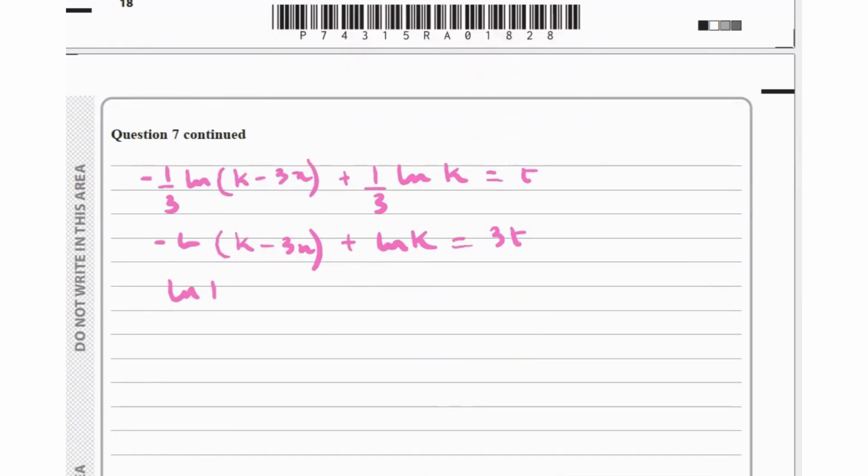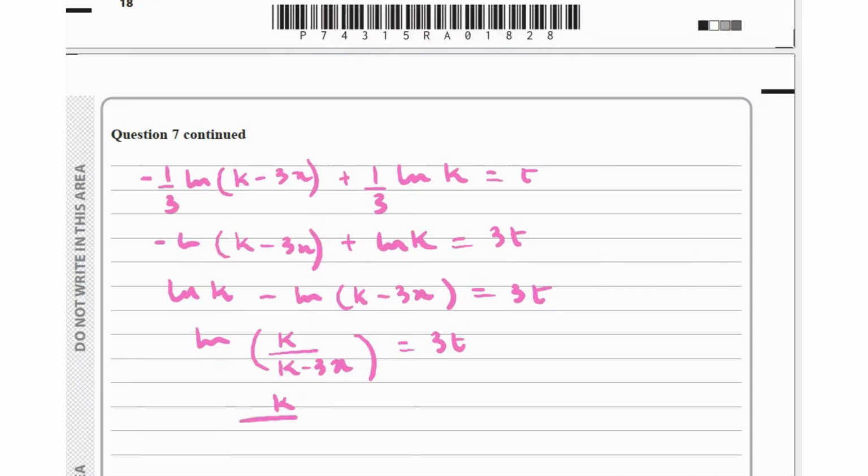If we rewrite this as ln k minus ln of k minus 3x equals 3t, we can write it as ln of k over k minus 3x equals 3t. To get rid of the ln over here, we can raise e to both sides. So it's going to be e to the power of 3t.